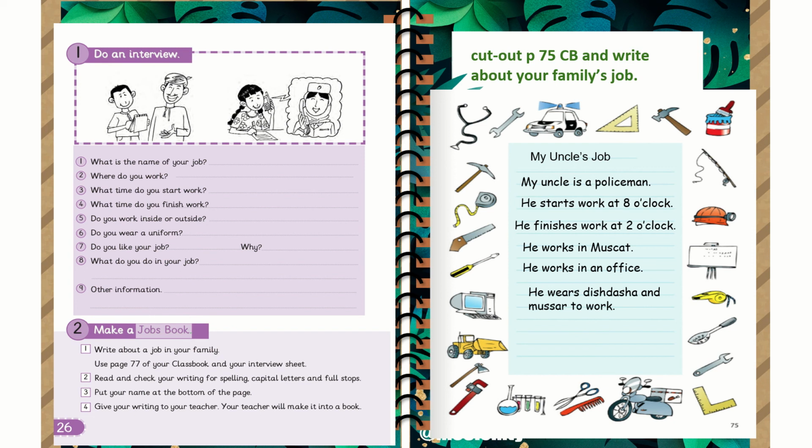Ask them first these questions, and then I want to see a paragraph about your father or your brother's job. You are going to write the same as me, but you have to change the time, the job, also the place that they work in, and their uniform.